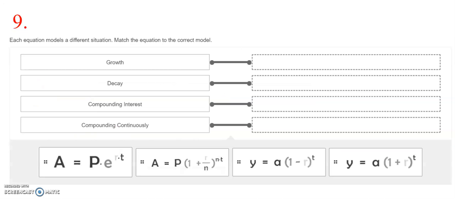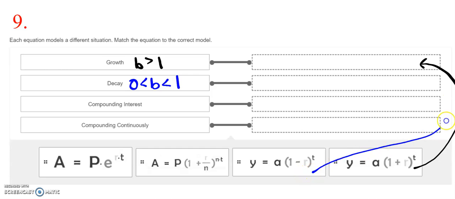Number 9, we're matching all of our different models for how we would use these for our real-world problems. Exponential growth needs to have a base that is greater than 1. So if I look at any of these, the one that's guaranteed to have a base greater than 1 is this guy. Decay means that our base is between 0 and 1, so that's going to be this one.